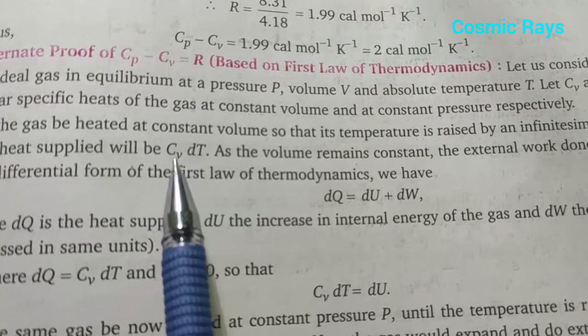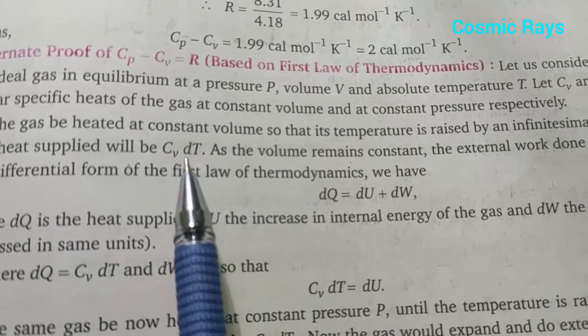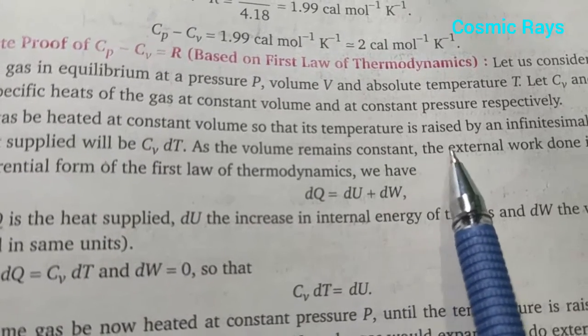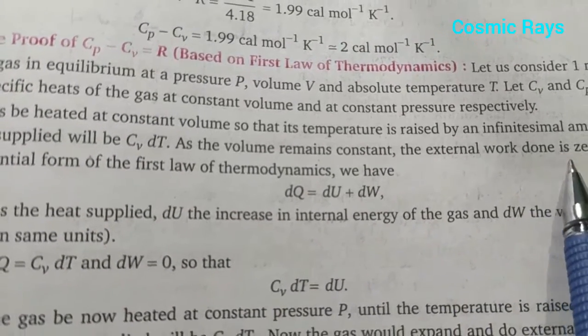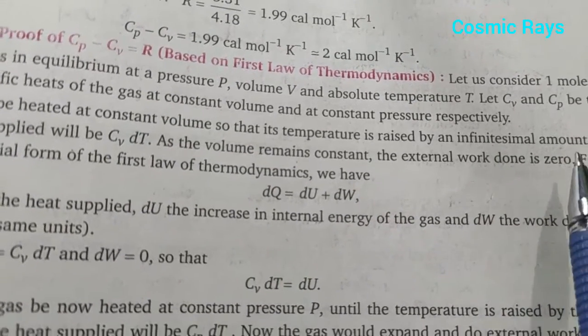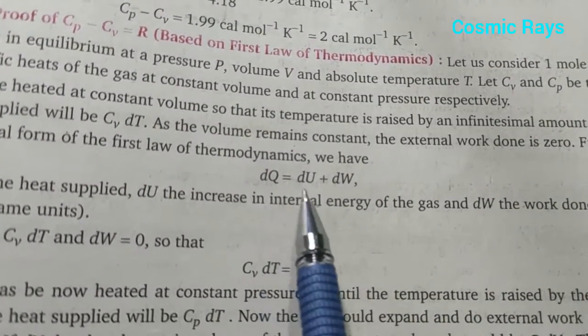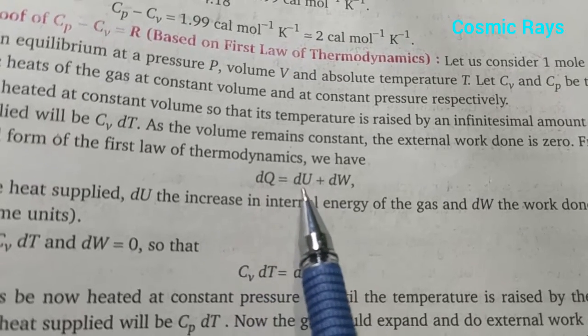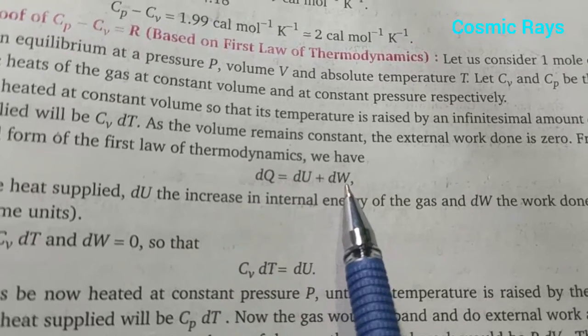So it becomes Cv dT. Now as the volume remains constant, the work done will be 0. There is no work done. Now we have the first law of thermodynamics, dQ equal to dU plus dW.